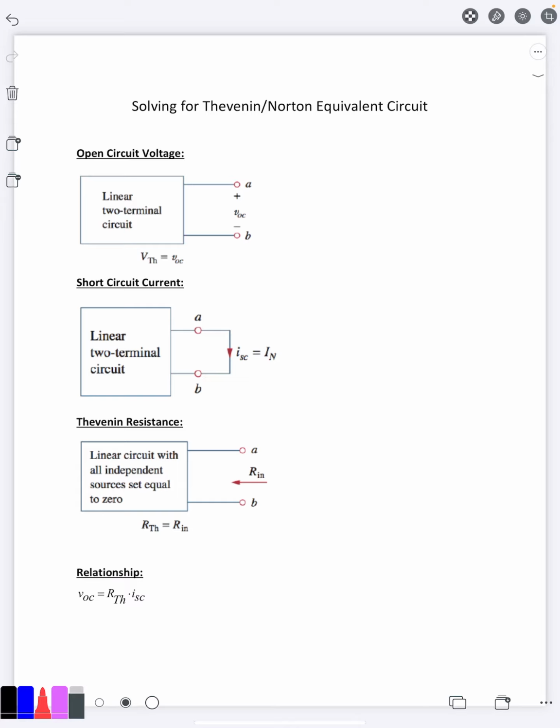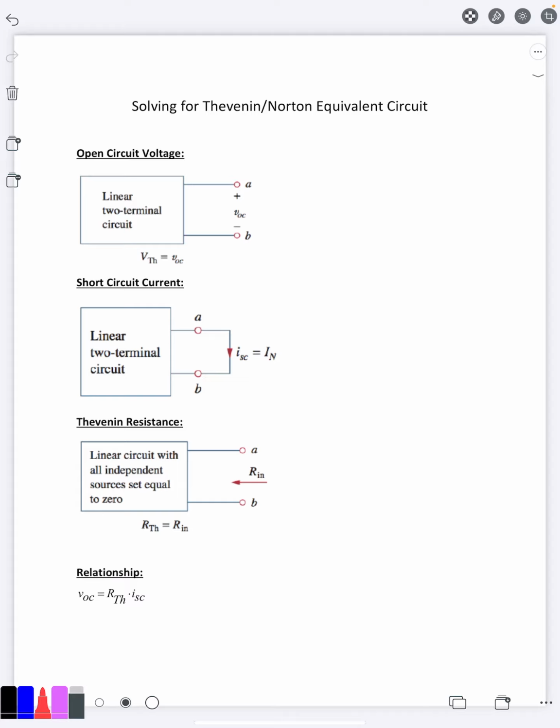On the other hand, if you take your circuit and turn off all of your independent sources in there, and measure the resistance between those two terminals, that will give you your R Thevenin. And then it turns out we have a nice relationship: VOC is equal to ISC times R Thevenin.